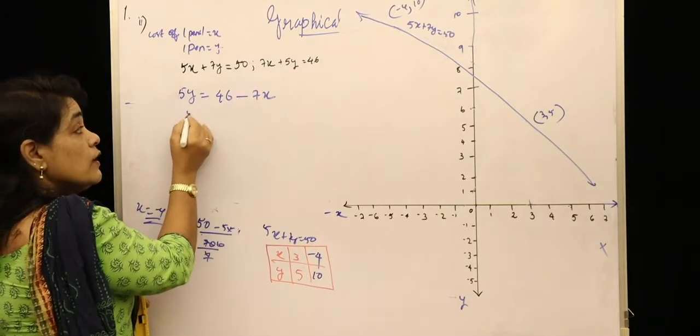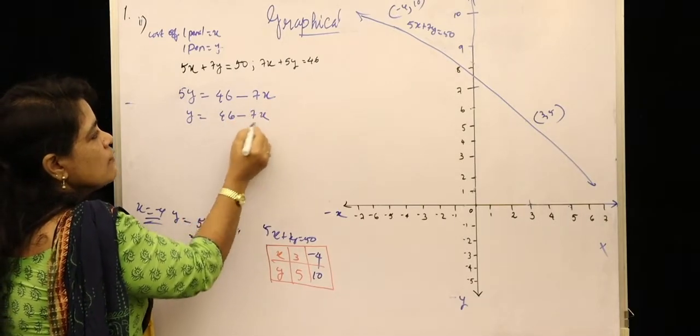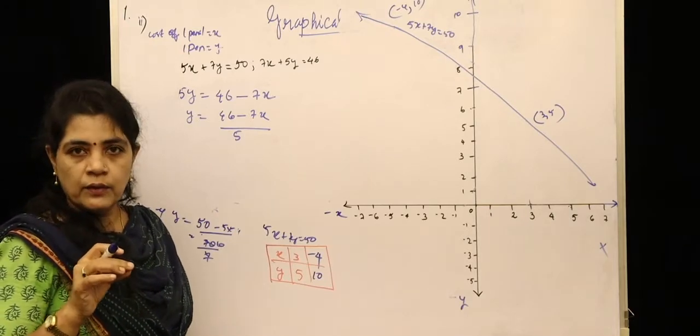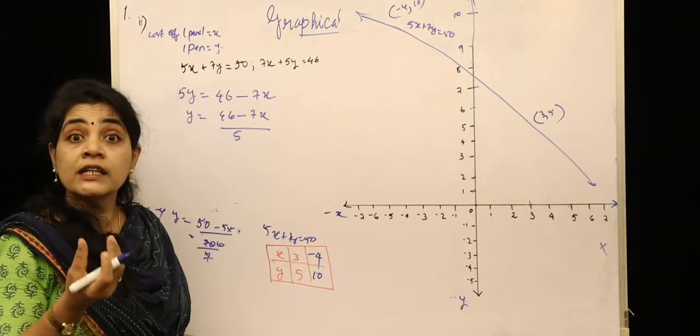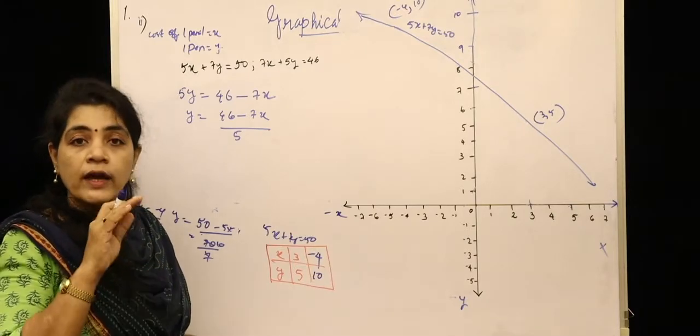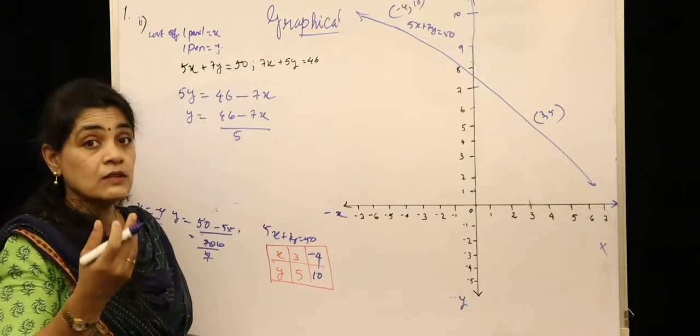We need only y alone in the LHS. So y is 46 minus 7x divided by 5. Here the denominator being 5, the numerator must be a multiple of 5, then only you will be getting an integer value for y, to avoid the fraction. For x and y, that would be better.